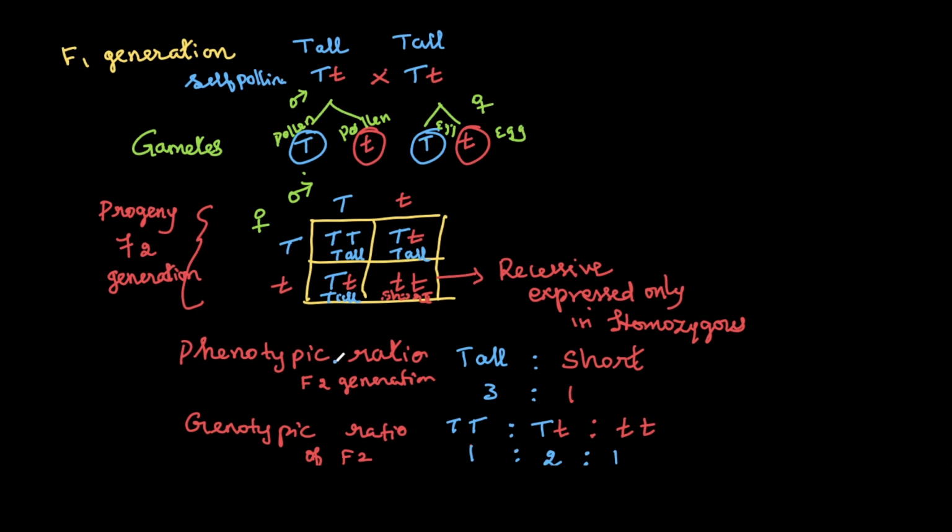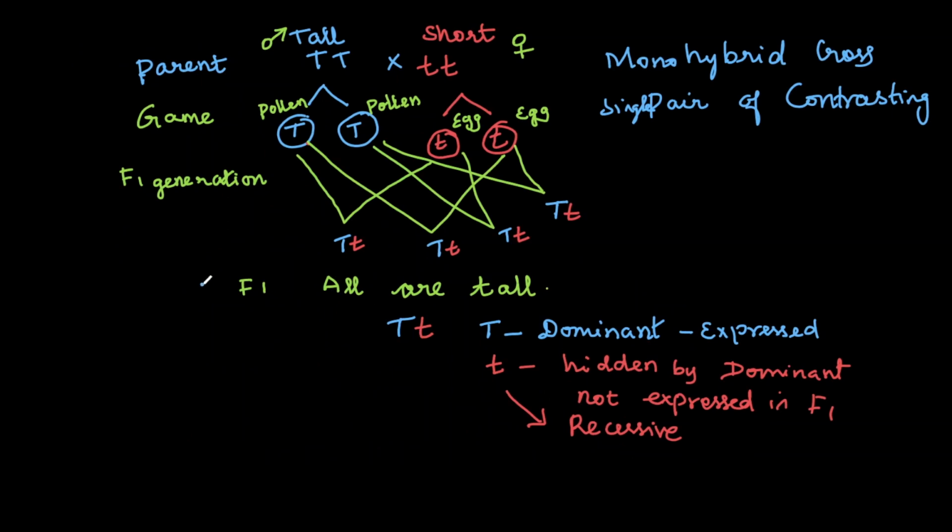You can get a doubt like what will be the phenotype of F1 generation? Only tall. But what will be the phenotypic ratio? All are tall here, so we cannot write the ratio. So the phenotype of F1 generation is tall. The genotype of F1 generation is capital T, small t.